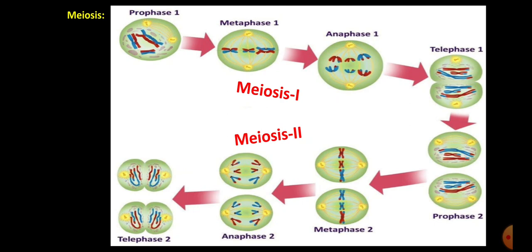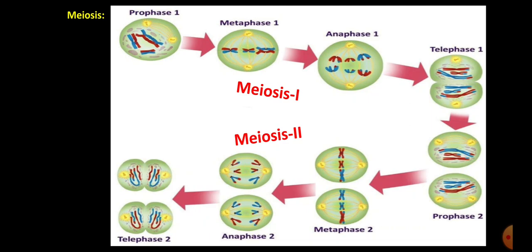Then in meiosis 2, the two haploid cells undergo mitosis and thus 4 cells are formed. Students who are interested in science and will be taking biology in their 11th standard will be studying this process in detail. It's a very, very interesting topic, and in higher classes you have to study about it in detail. Here you have to just study superficially what meiosis is.